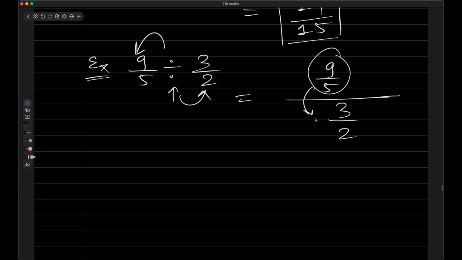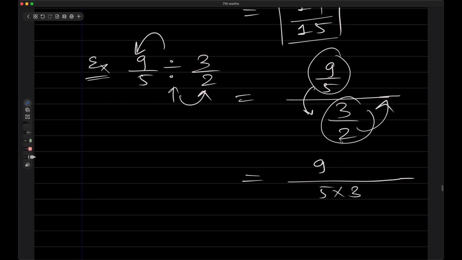Now send the denominator to the opposite side, that is equals to 9 as it is. Send 5 to denominator and 3 as it is. Send 2 to the opposite side, that is equals to 3 3s are 9, 3 2s are 6 divided by 5.